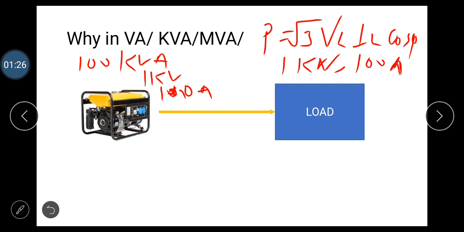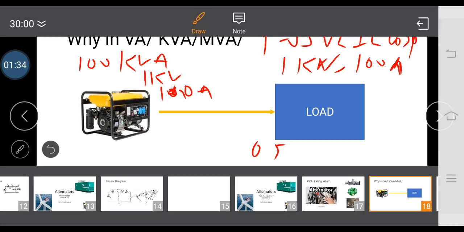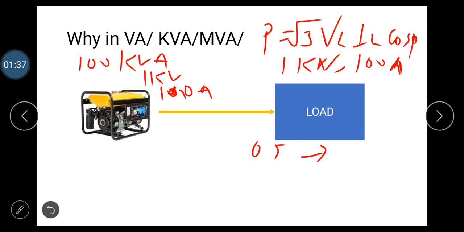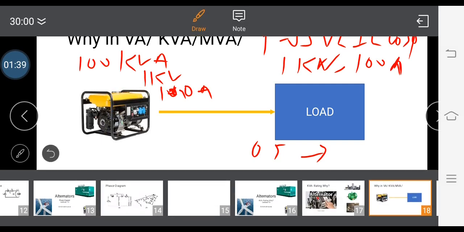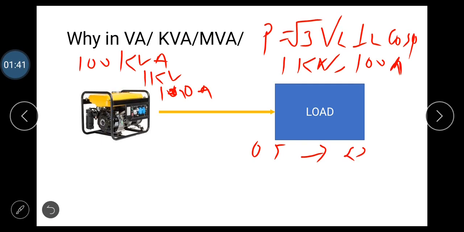Suppose the load is working at 0.5 power factor, the current is going to be 200 amps.